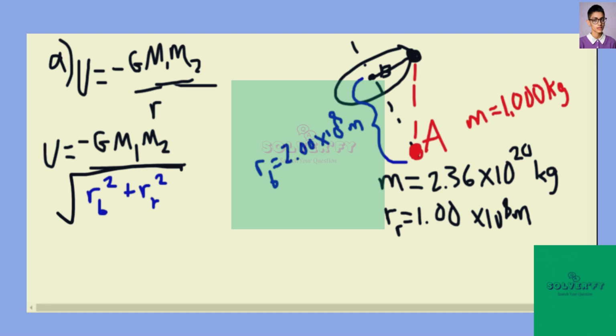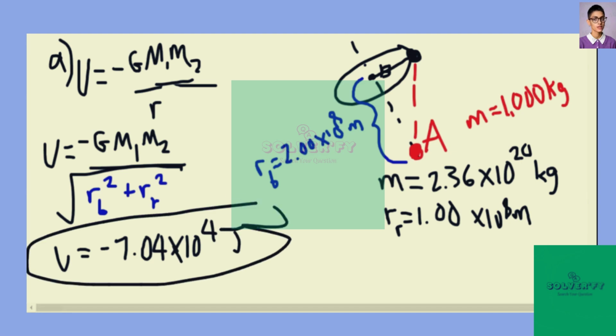All right. There we go. I got negative 7.04 times 10 to the 4th power joules.